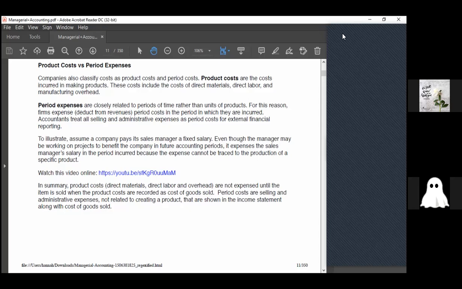Some costs are still going to be incurred. Like selling expenses, if you have a sales manager, even if the company does not do any production, the sales manager salary is still going to be paid. Or if the company is not in production, there is still the rent for the manufacturing plant. So these are period expenses. They are expenses incurred regardless of whether the production continues or not.